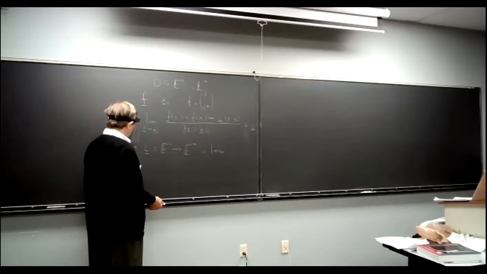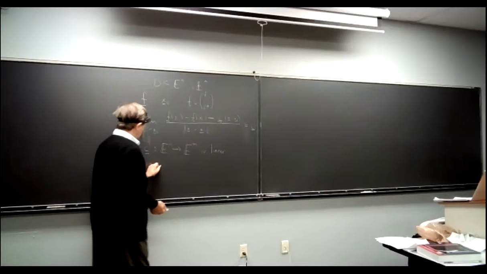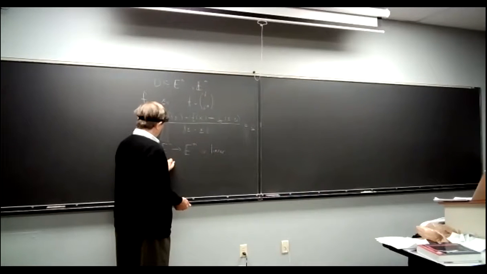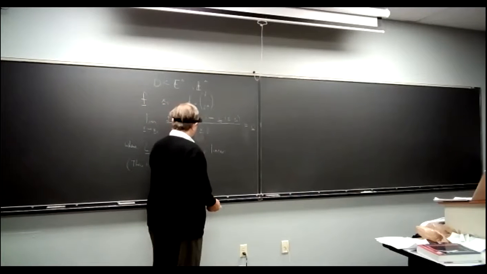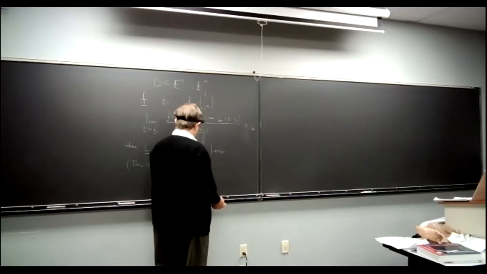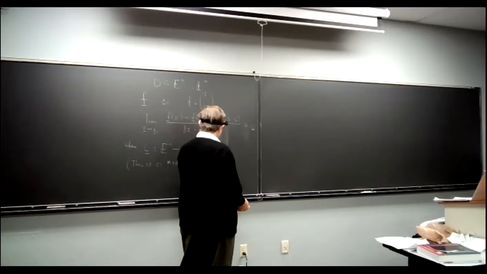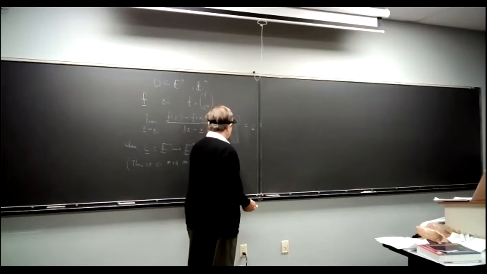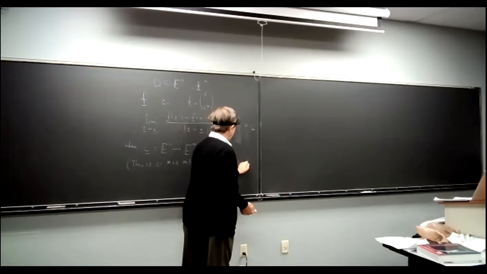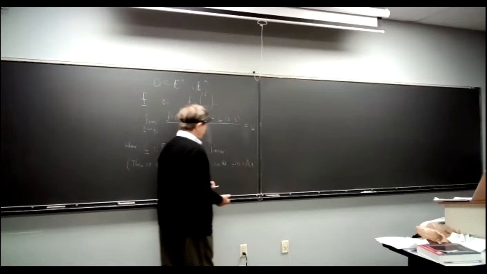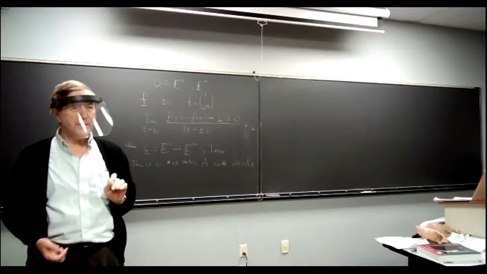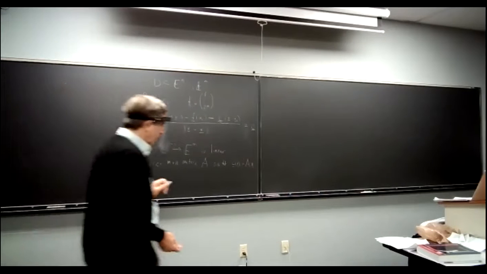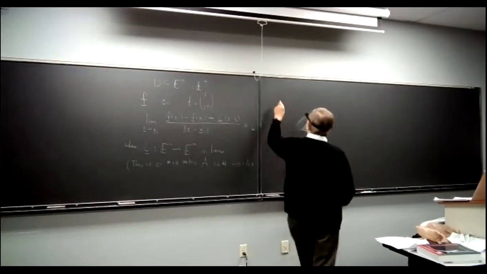There is an M by N matrix, which I'm going to call A for the moment, such that L of X is the matrix A times X, where you write X as a column. It's matrix multiplication.